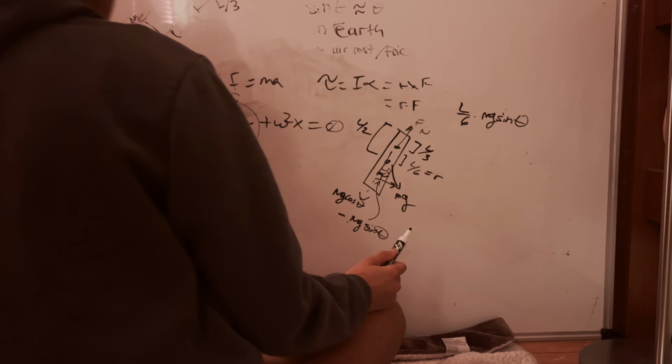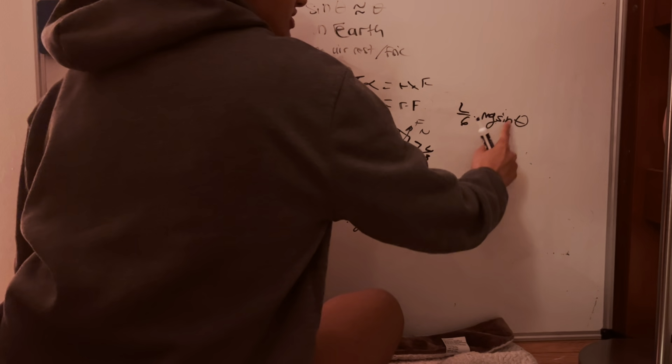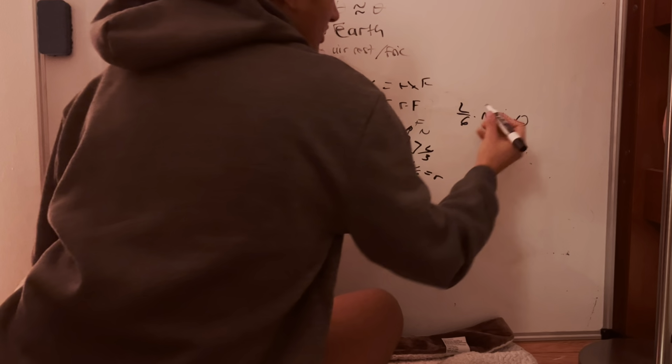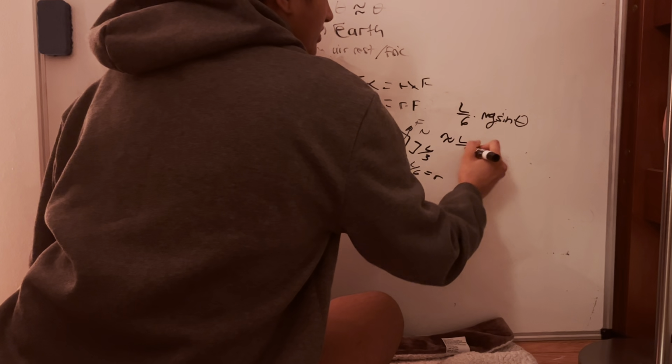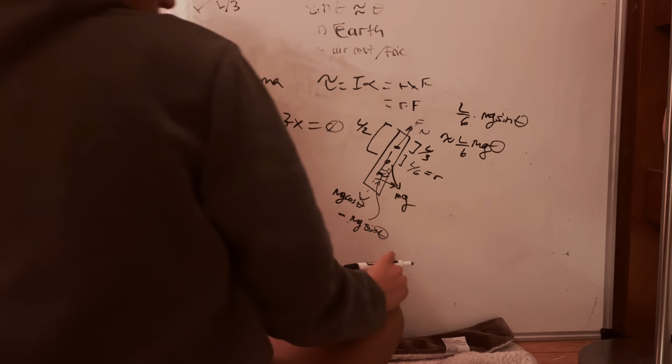Using small angle approximation, we're assuming that theta is not very large, so we can assume that sine of theta is equal to theta. So this is about equal to mg theta.